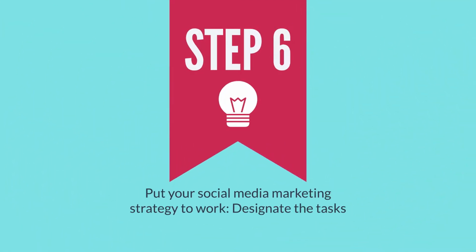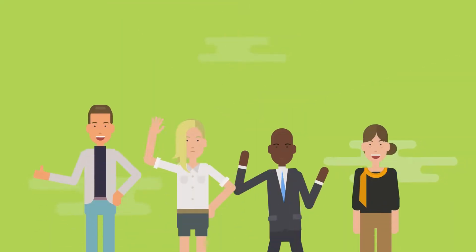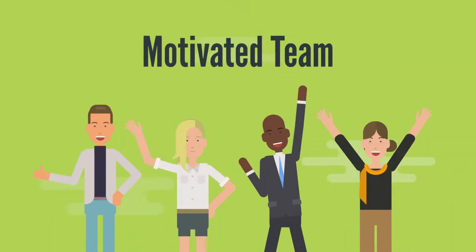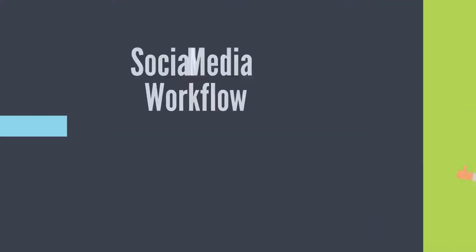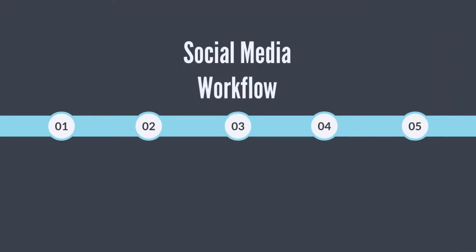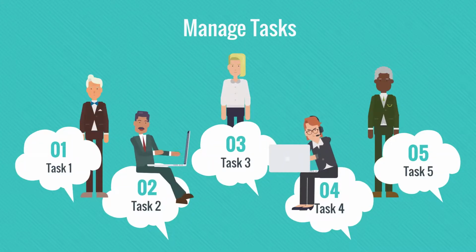Step 6. Put your social media marketing strategy to work. Designate the tasks. A successful social media marketing strategy often requires a motivated team. Define your social media workflow and name specific tasks. Decide who is responsible for what part of the whole social media content strategy.